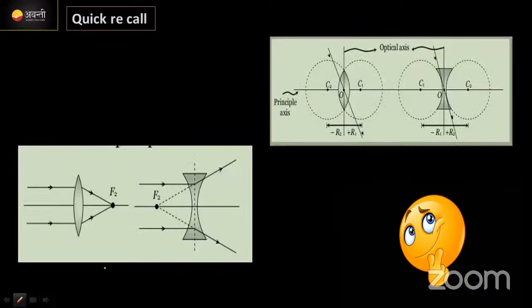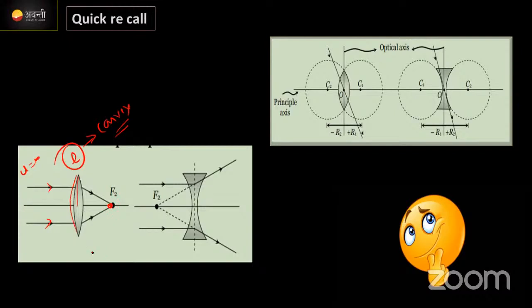Next, what did we do? Principal focus. Correct? This is a lens. What kind of lens is this? A convex lens. If you consider an object at infinity, the light rays coming from the object are parallel to the principal axis. If they are incident on this aperture, they all meet at one point after refraction.